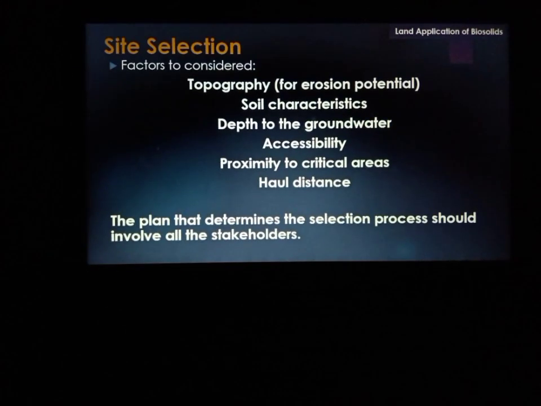Next is the site selection. It is the critical step in land application of biosolids because it needs to identify a suitable site for the disposal.